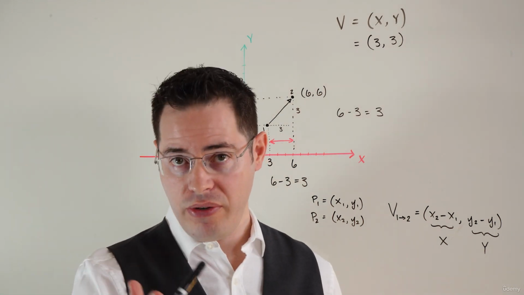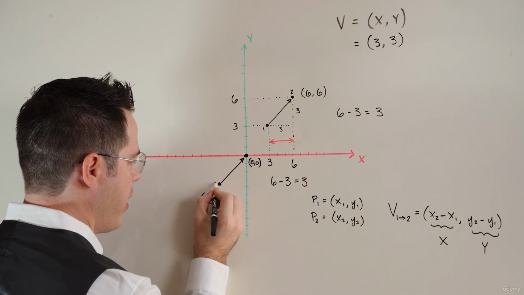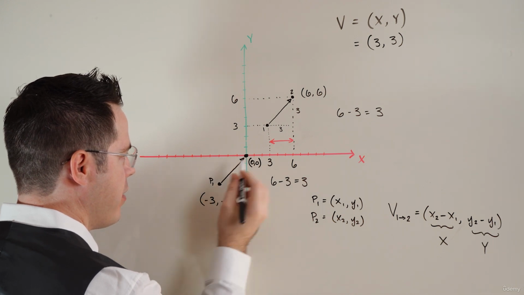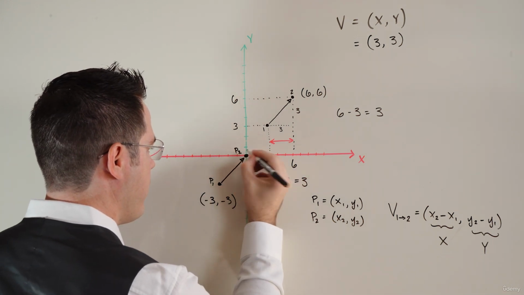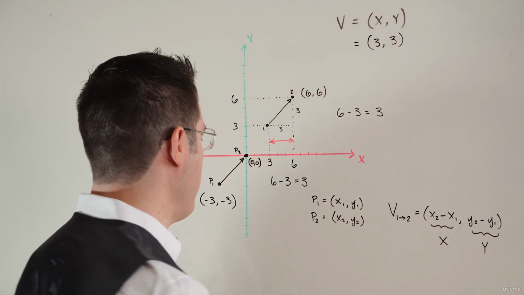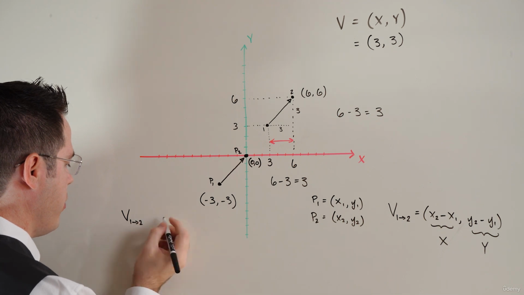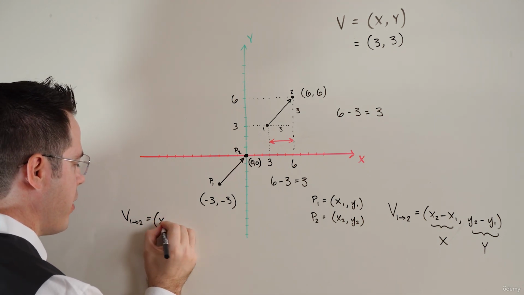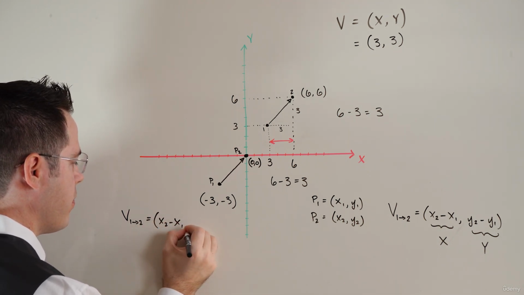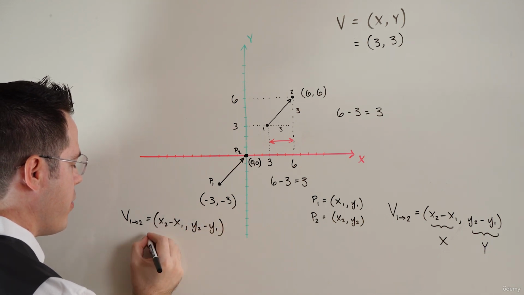Let's calculate the components for this vector. So if -3, -3 is point 1 and 0, 0 is point 2, then we can use our formula to calculate the components of our vector. We can say that the vector from point 1 to point 2 equals x2 minus x1 and y2 minus y1. Let's do the math.